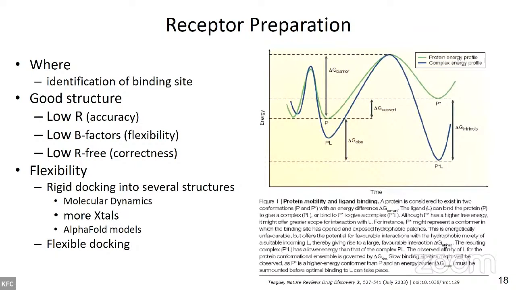But of course, individual type of the structure, and that's where the annotation comes in. We have to know what the structure is good for. For instance, if I would have the GPCR receptor, there can be two types of the ligands bound to that: the antagonists and agonists. And the structure of the protein will be different depending on whether it is in agonistic state or the antagonistic, inhibited one.